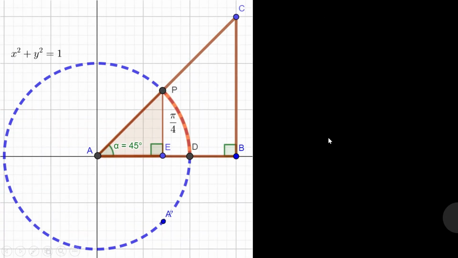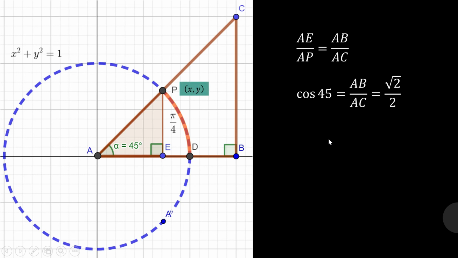The same explanation goes for the x-coordinate of point P. We have a pair of similar right triangles. Let us compute cosine of 45 degrees. So pay attention to the big right triangle. It's equal to the side adjacent divided by the hypotenuse, and we know that to be equal to square root of 2 over 2.